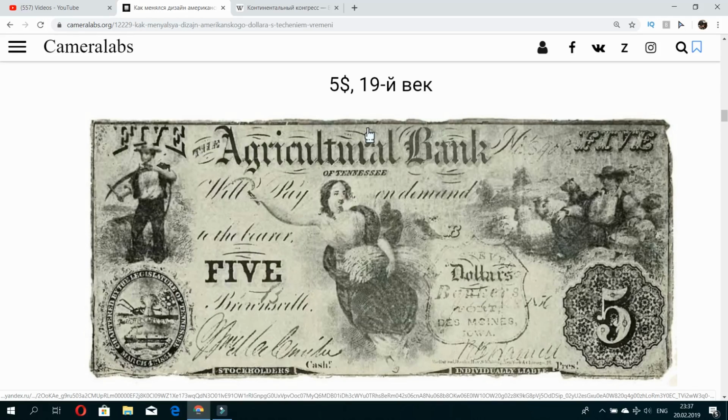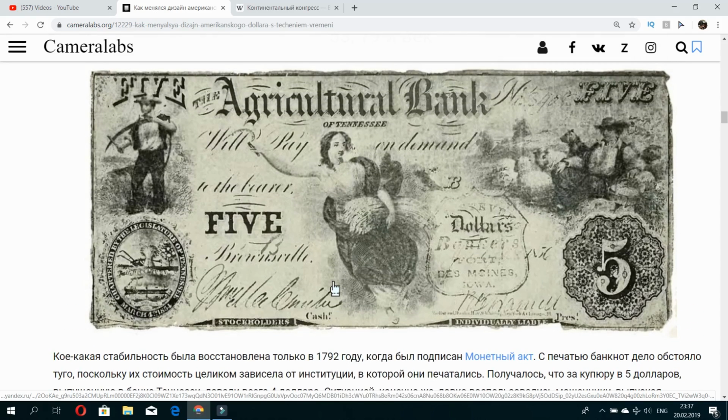Okay, we have the 19th century, the beginning of the 19th century. It's the Agricultural Bank of Tennessee will pay on demand the $5. What we have here, we have a farmer on the right, a guy farmer on the left.